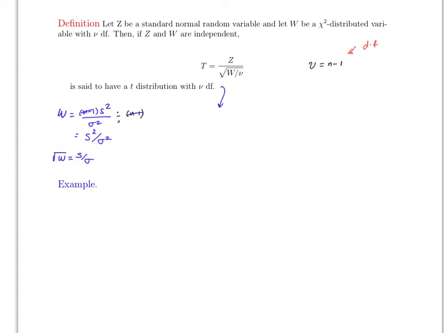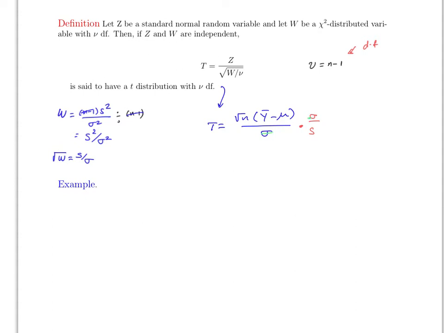So from here, T will be the square root of n times (y bar minus mu) divided by sigma, and then dividing by the square root of W, this will be sigma over s.